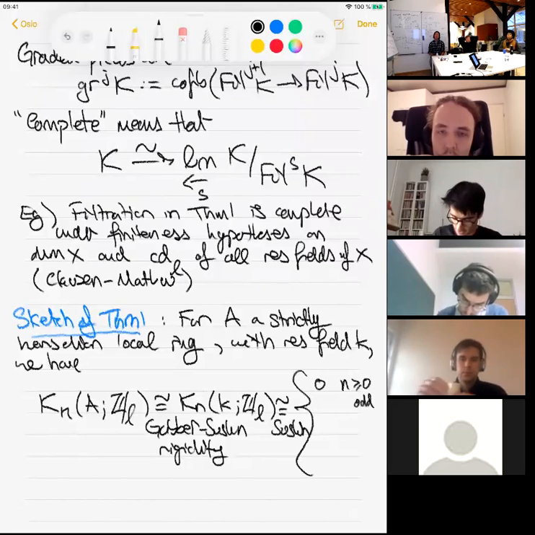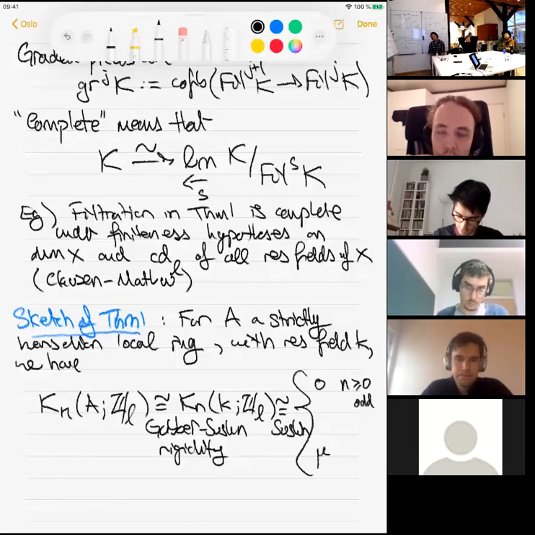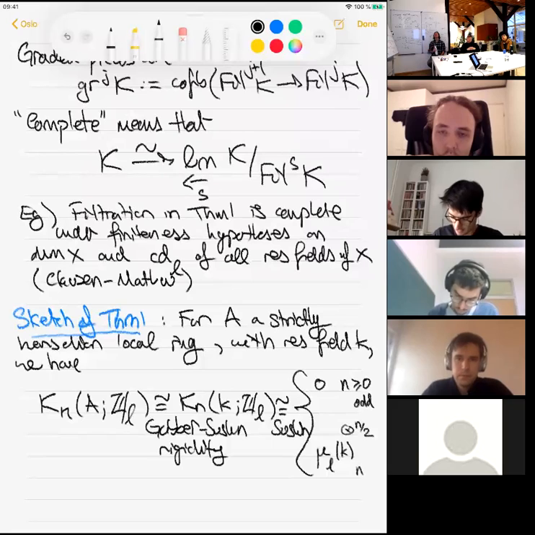And in positive degree, you just get, in a sufficiently natural fashion, all the Tate twists. So you get mu, as temporary notation for the Lth roots of unity in k, tensor n over 2, for n positive and even.